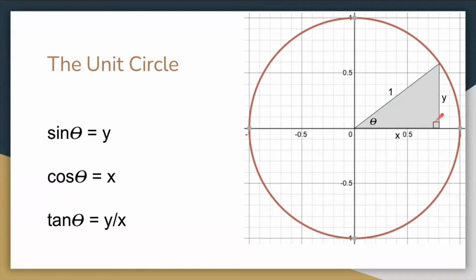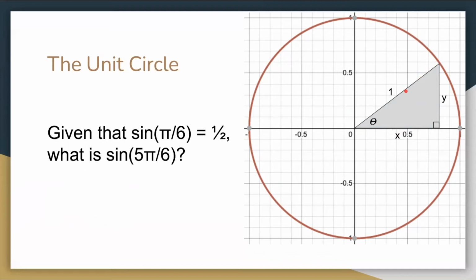And this is because sine of theta is opposite over hypotenuse, cosine is adjacent over hypotenuse, and tangent is opposite over adjacent. And now the hypotenuse is equal to 1 because it's the radius of the circle. So the unit circle can be used to evaluate trigonometric functions with angles outside of the range 0 to 90 degrees or 0 to pi over 2 radians.